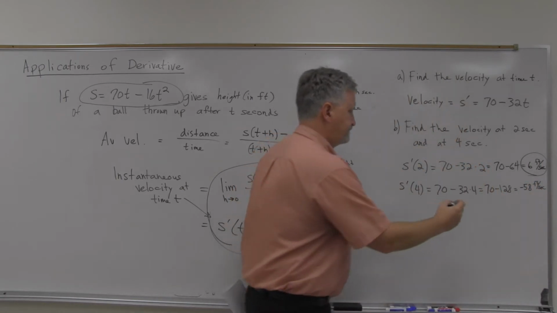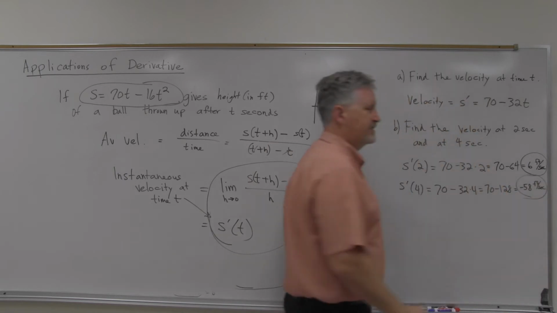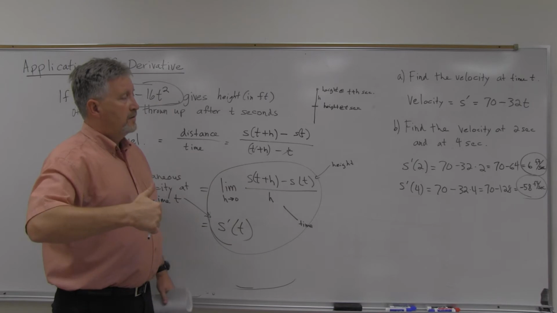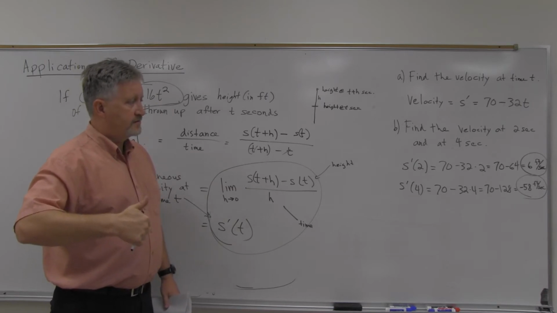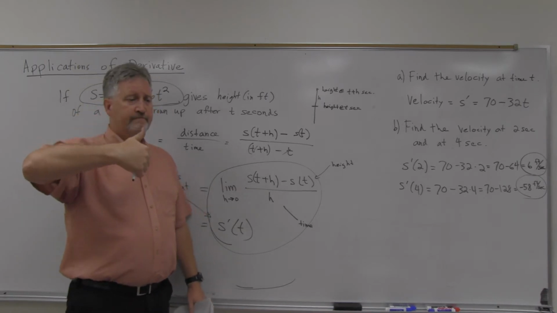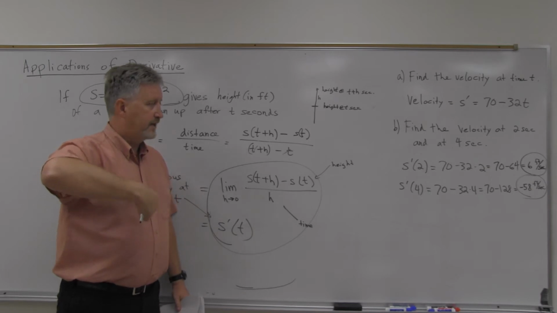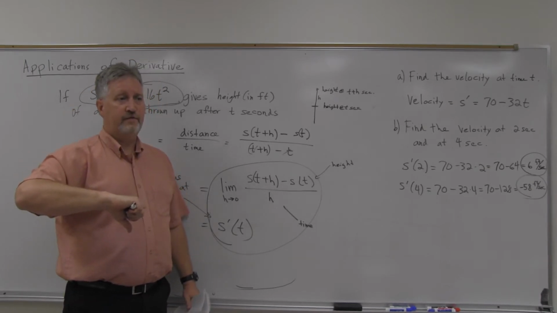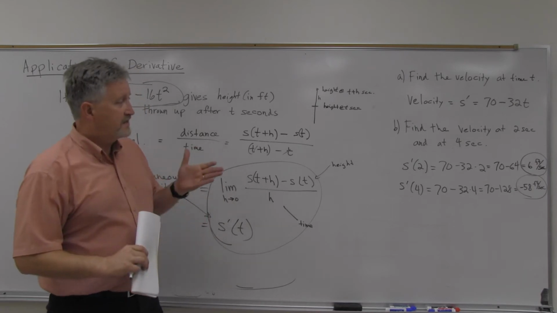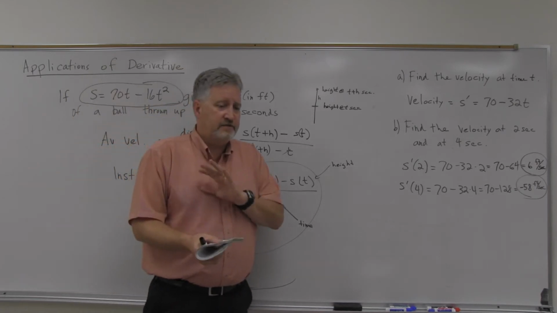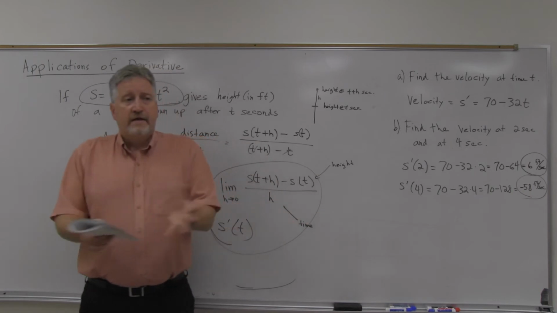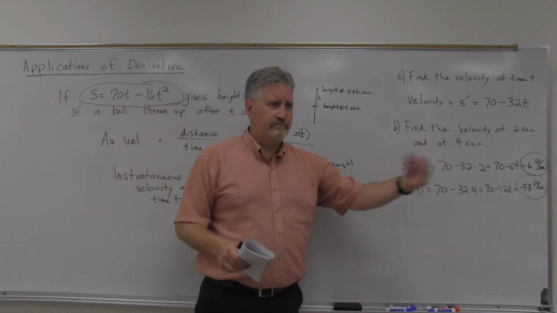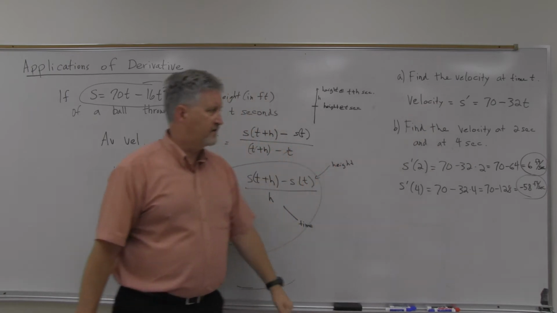Well, the reason it's negative is because there's a direction that's positive and a direction that's negative for velocity. And that's kind of the difference between velocity and speed. Speed is usually a positive number.